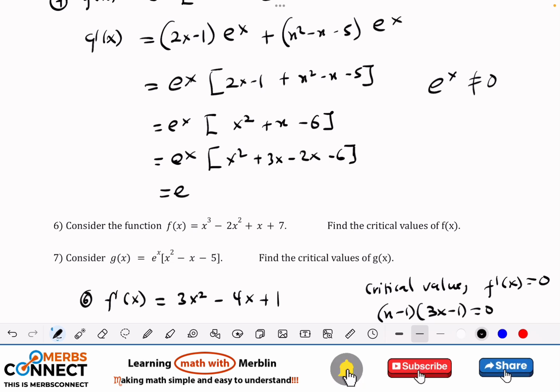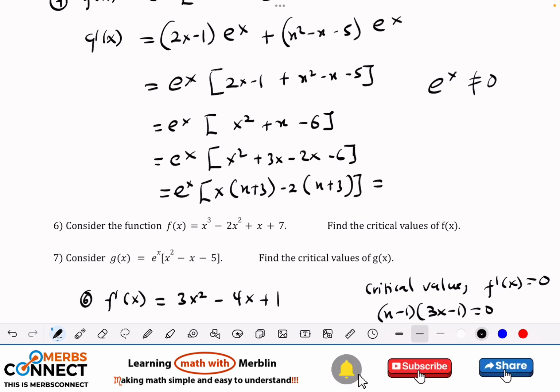So e to the power x. Now when I factor x out, I'll have x plus 3, right? So when I factor x out from here, that's what I'm going to get. Then here, when I factor minus 2 out, I'm going to have minus 2 times x plus 3.